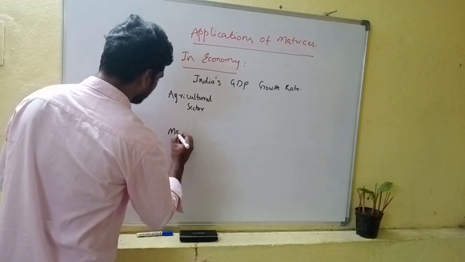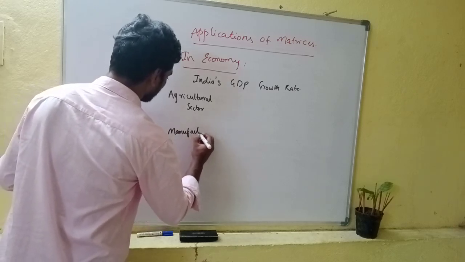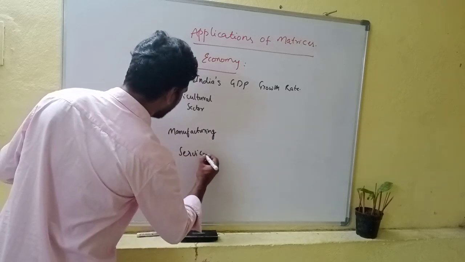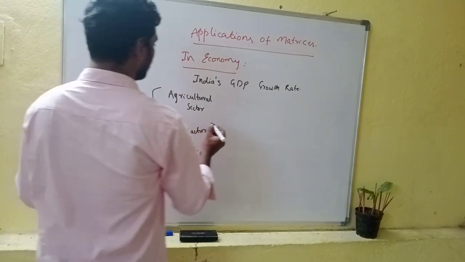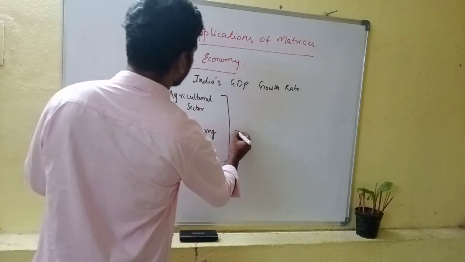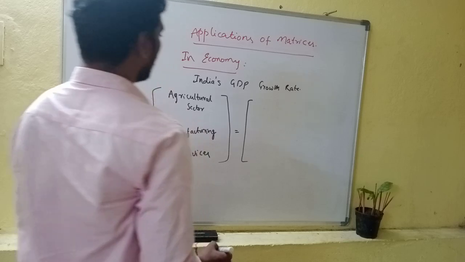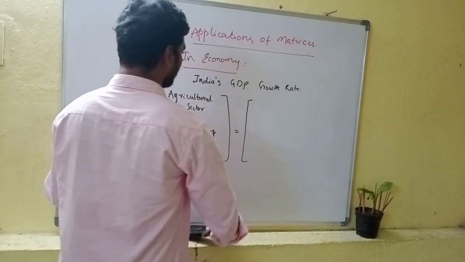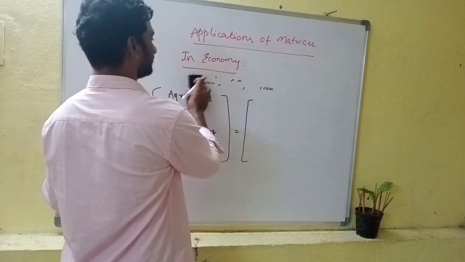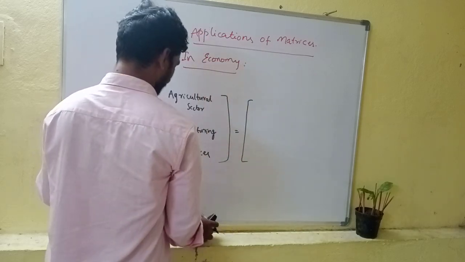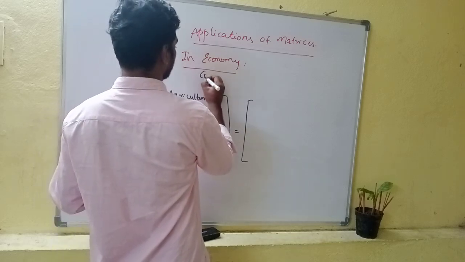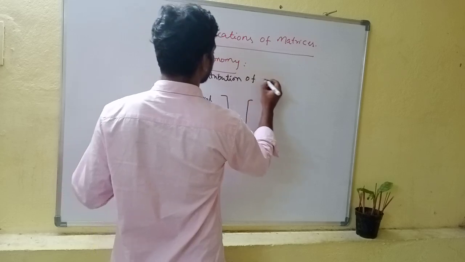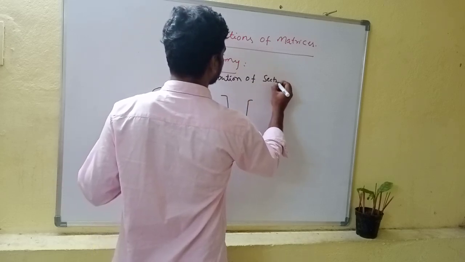Again, manufacturing. Servicing. There are three types of sectors in the Indian economy, right? So I'm taking these in one matrix. I'm taking the growth rate values, agricultural sector growth rate values, or GDP contribution of sectors of economy.